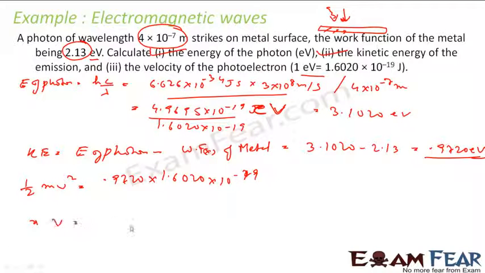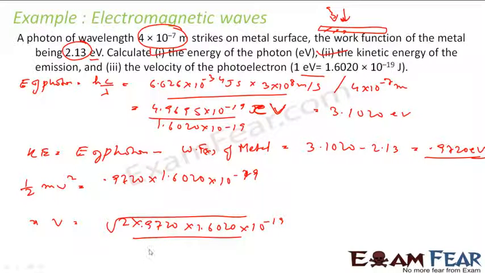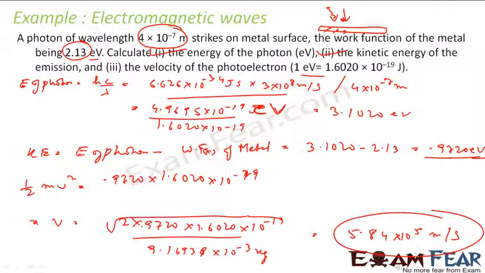So v is nothing but root of 2 into 0.9720 into 1.6020 into 10 to the power minus 19, divided by m. The mass of the electron is something we know, that is 9.1093 into 10 to the power minus 31 kg. So if you solve this, you get 5.84 into 10 to the power 5 meter per second, and that is my answer. That is the velocity of the electron.